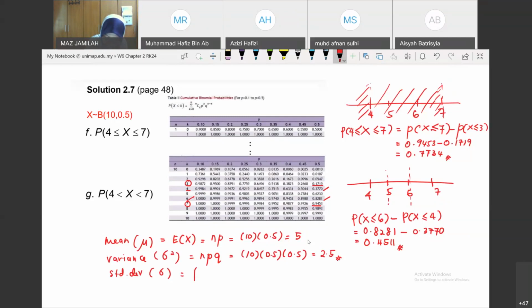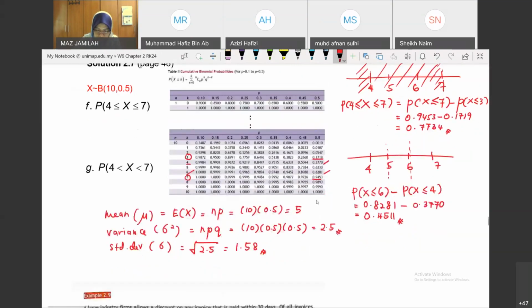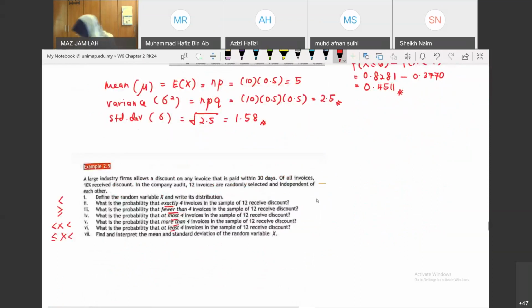Sigma, square root of 2.5, you will get 1.581. Okay, now everything will go back to your mean, variance, and standard deviation. So far that is how binomial experiment and how to find the probability for that binomial probability distribution. Let us move to the next example.